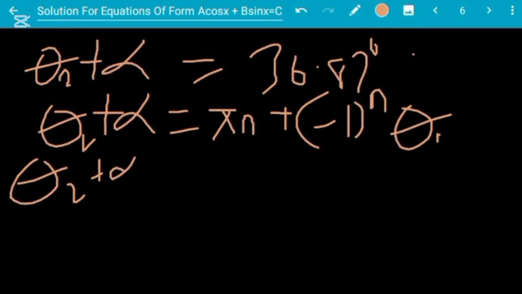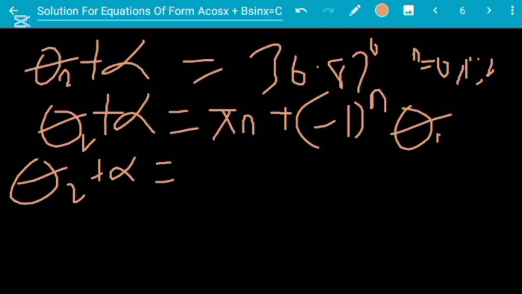Note that this n is just an ordinary integer that we can choose; our n can run from 0 to 1 to 2 to infinity. And don't forget that they give us our restriction, 0 less than or equal to theta less than or equal to 360. That means theta 2 must not be greater than 360.